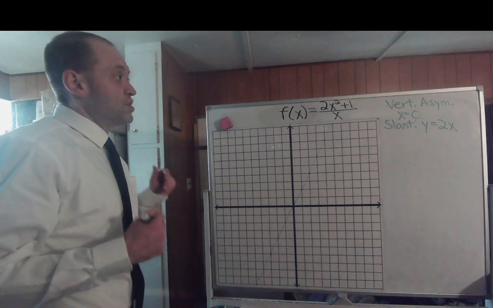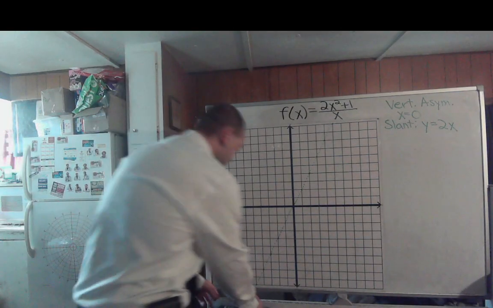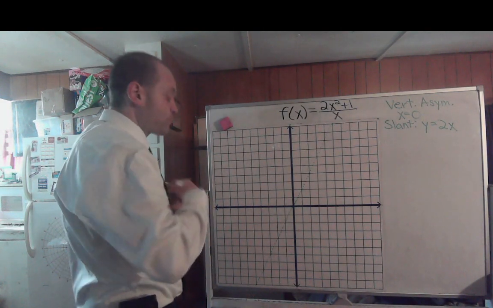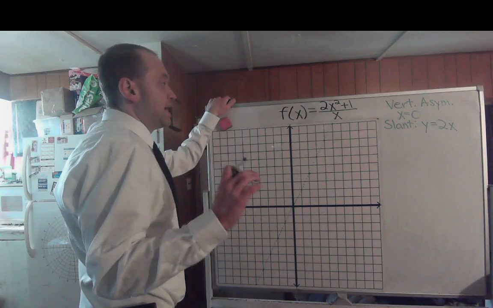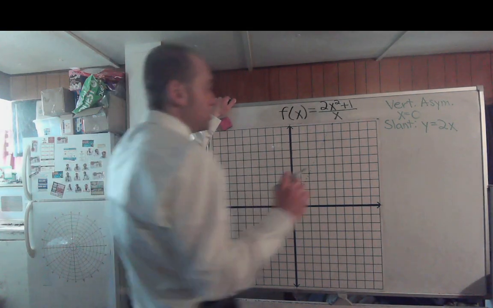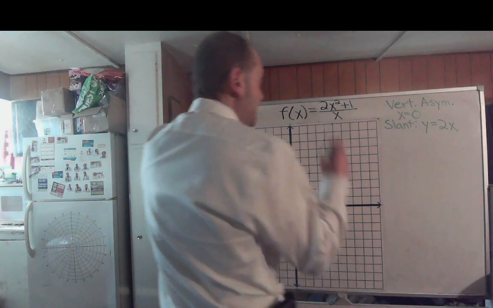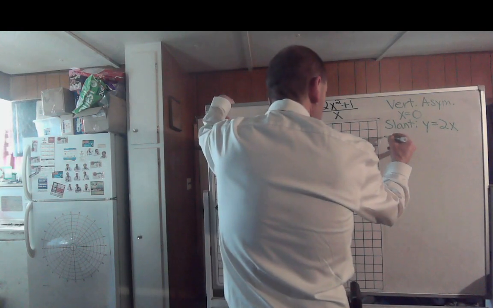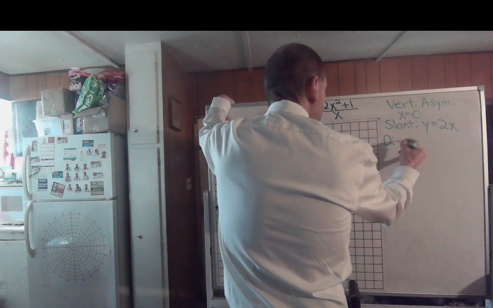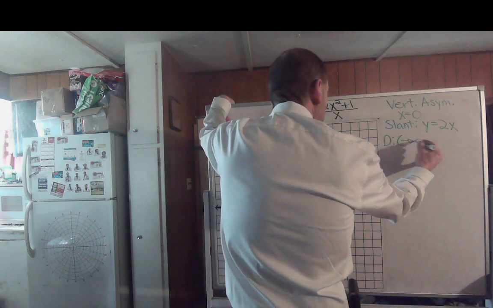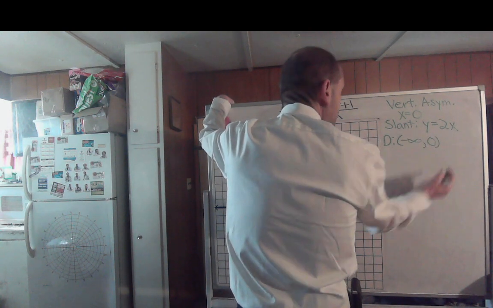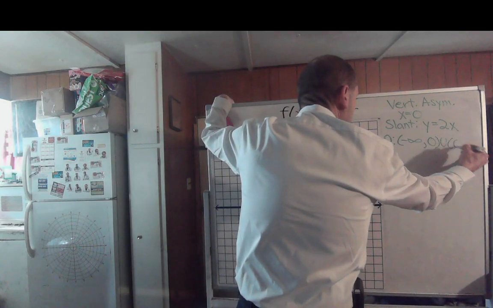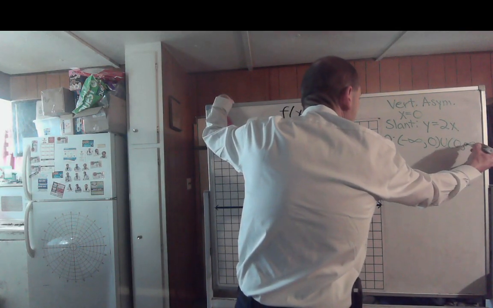Now, what is our domain? Let's look at the domain here. Okay, we can do any x value except for 0. So the domain is going to be negative infinity to 0 non-inclusive, in union with 0 non-inclusive to infinity.